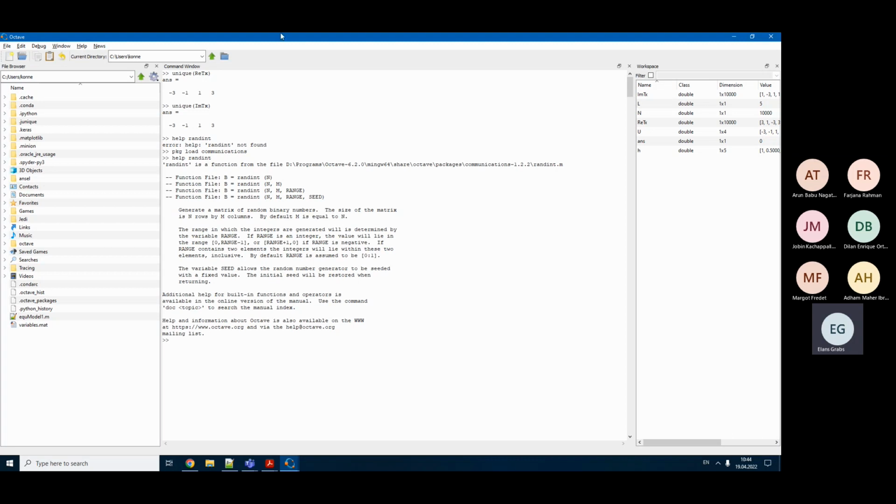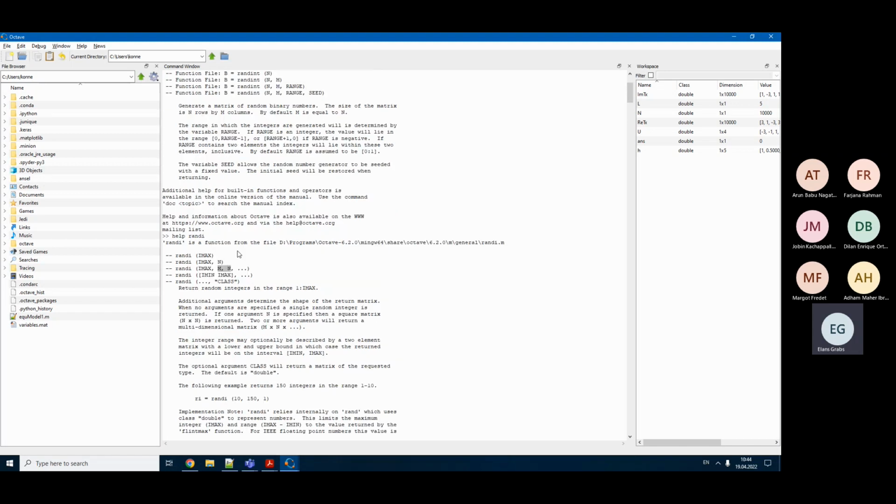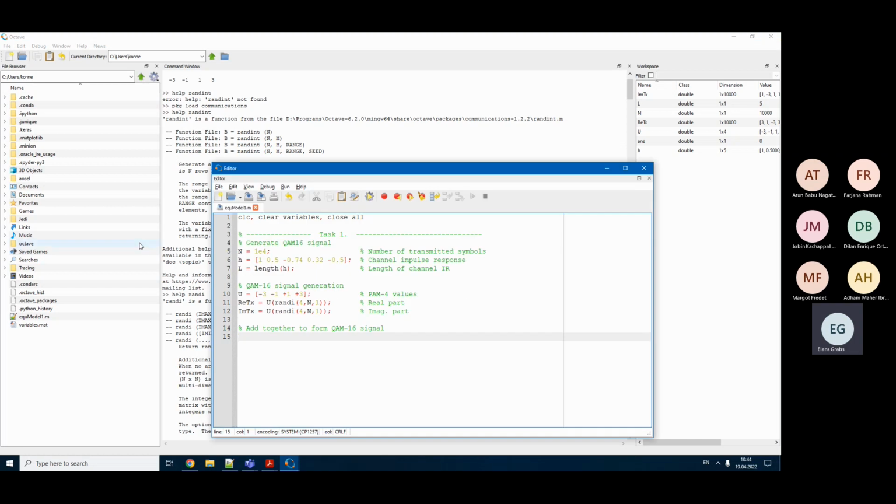Yes, it's actually working almost the same way as randi. For randi, you can see that first you specify the range and then the dimensions. Here, vice versa, dimensions and then the range. So the syntax is a little bit different, but other than that, they work exactly the same. It's up to you whichever you'd like to use.